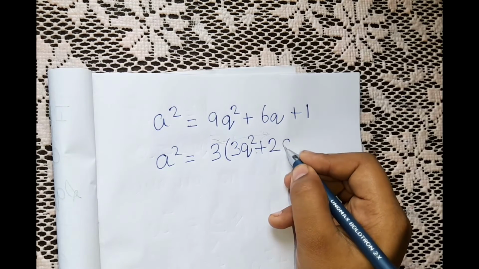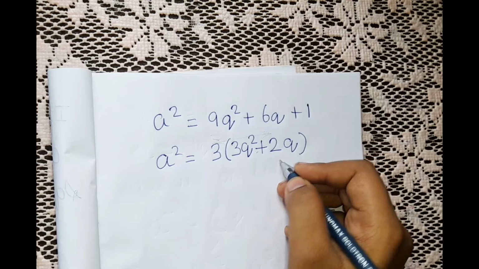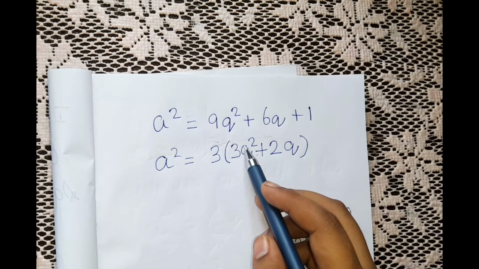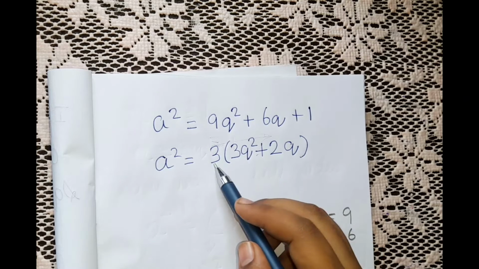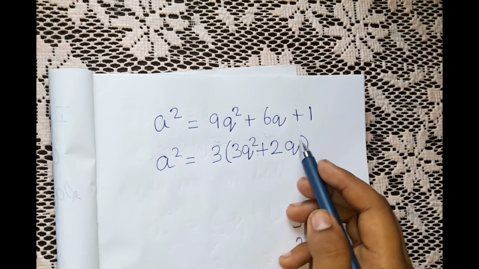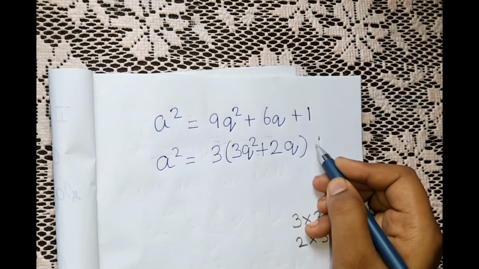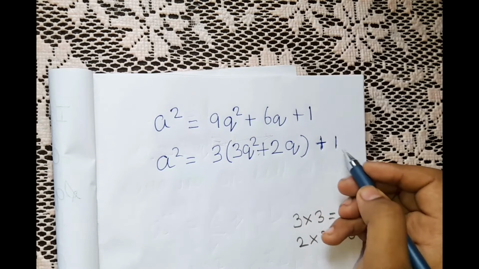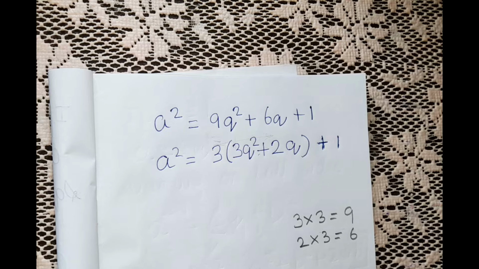And q, let's write the q as it is. So now 3 into 3 is 9, that means 9q square plus 3 2s are 6q, then plus 1 as it is. I hope you understood what I am trying to say.